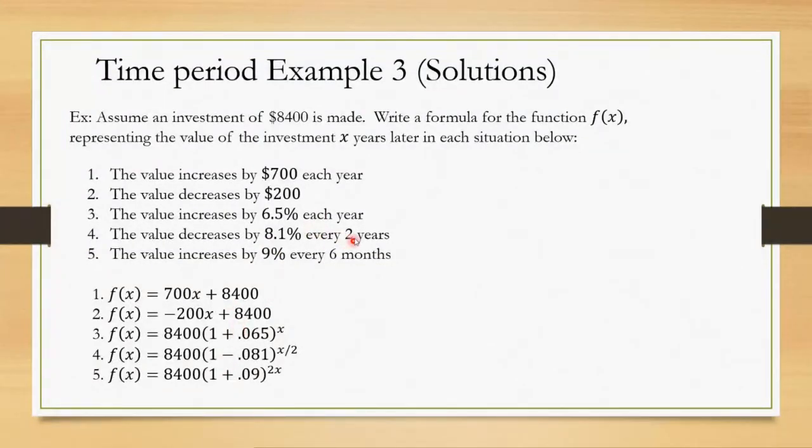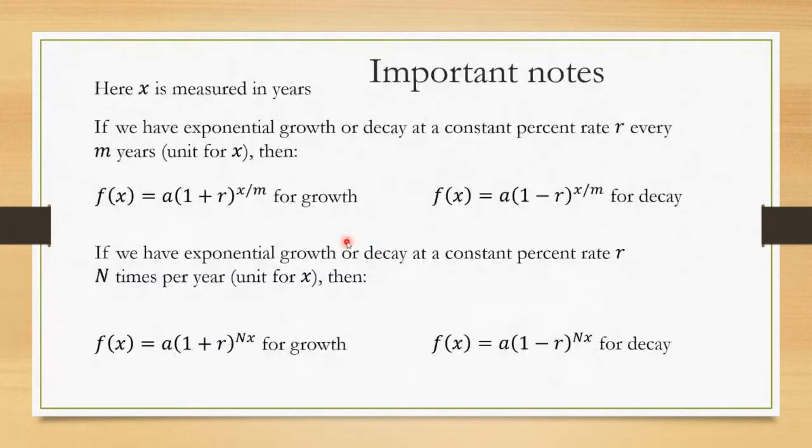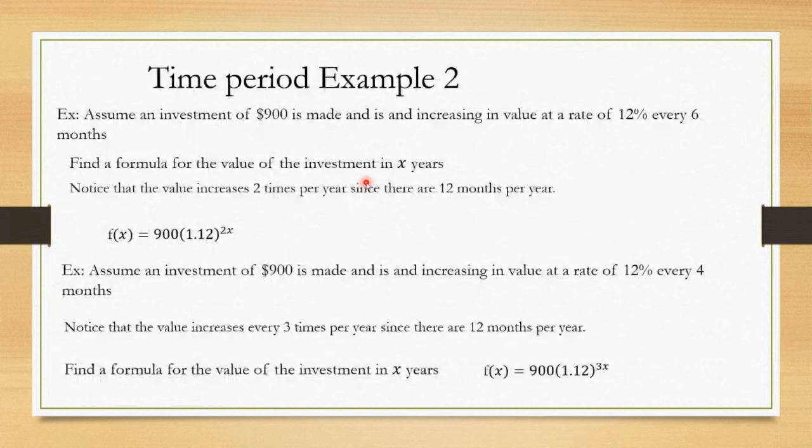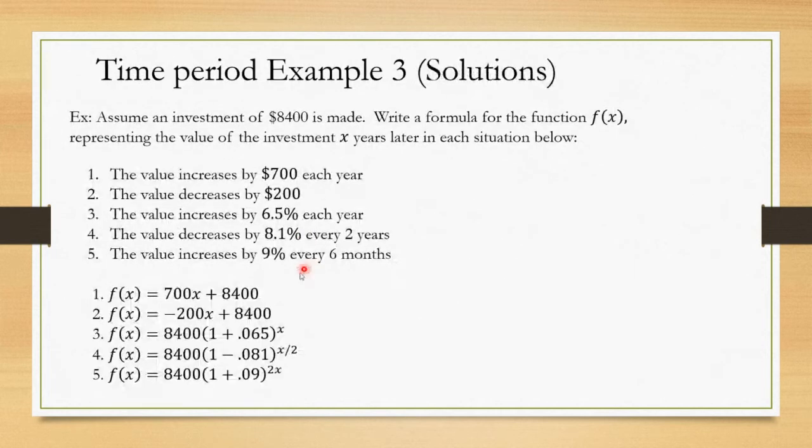Notice also it's not every year, it's every 2 years. So going back to this, M is 2. So in this case, our exponent will be x over 2, x divided by 2, as you can see.